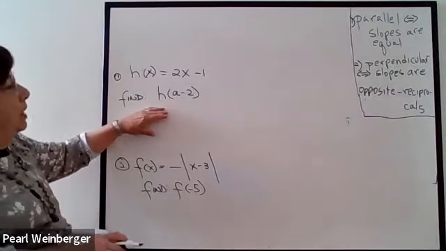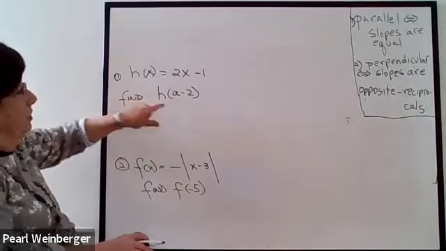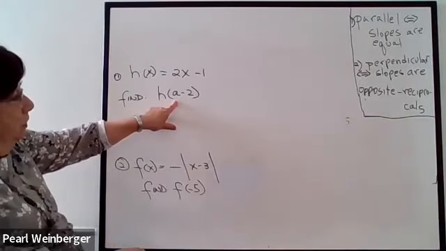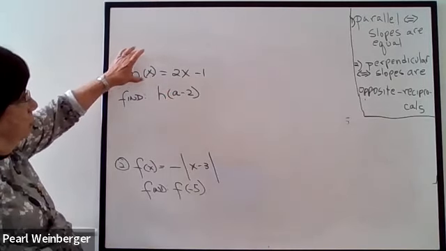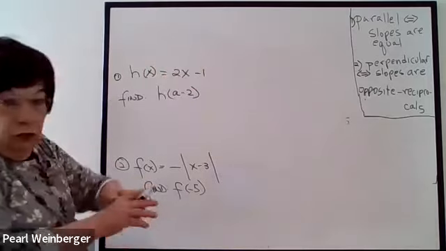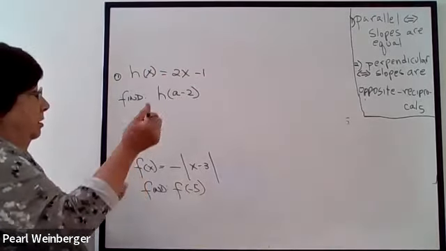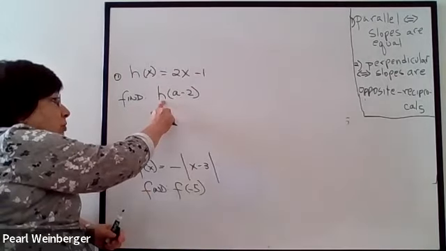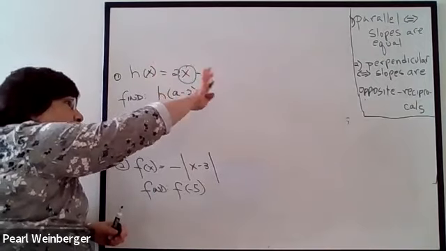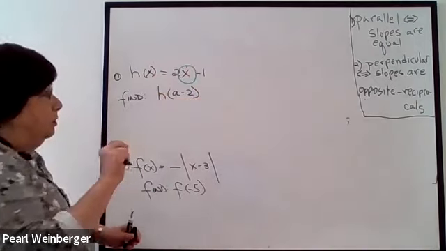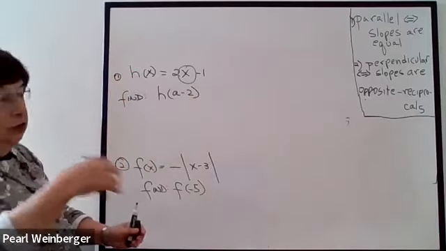Okay, let's look at these problems now. This one's a little bit like the one we just did. They gave me an equation, h of x is 2x minus 1. When they ask me for h of a minus 2, it means go to the right side of the equation, because the left side is always the y or the h of x.